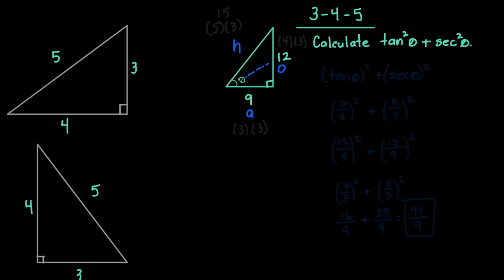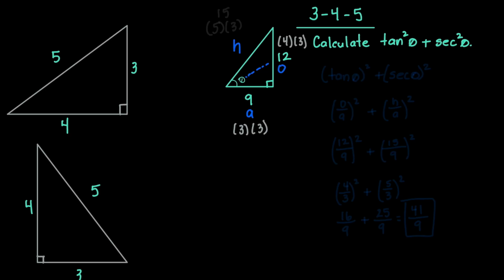I look at my triangle, and again, do I see what I see? I know 9 is a multiple of 3. It's 3 times 3. So if my other leg is 4 times 3, then I know I'm a 3, 4, 5. Well, 12 is definitely 4 times 3.